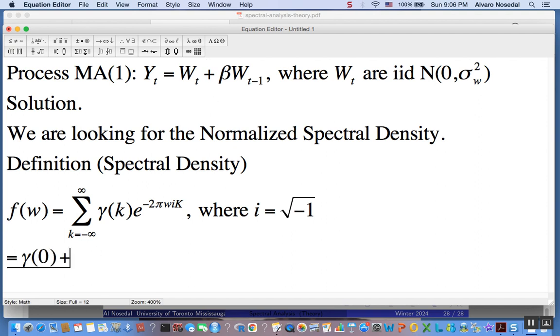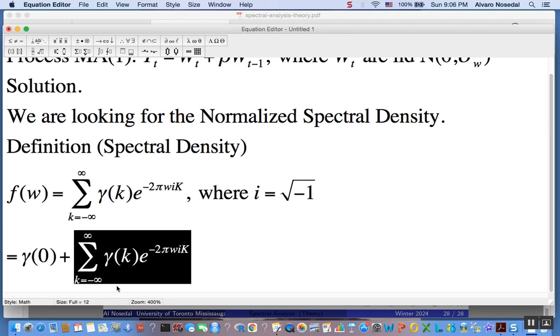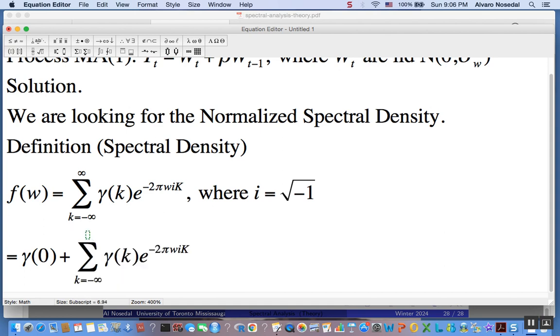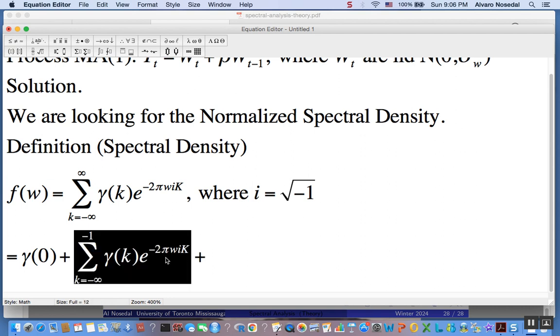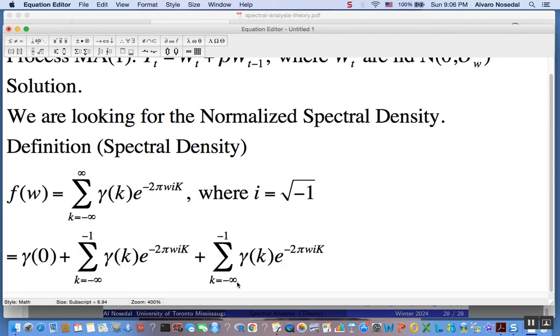Then I'm going to have that sum from minus infinity up to -1. Then I'm going to have this sum starting at k equals 1 up to infinity.